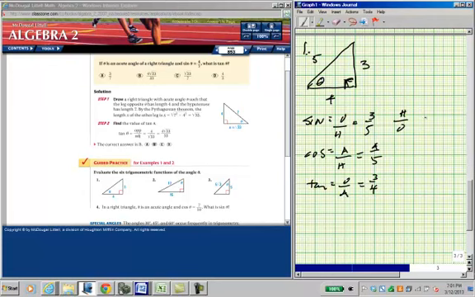Okay, cosecant, hypotenuse over opposite, 5 over 3. And the secant, hypotenuse over adjacent, that'll be 5 over 4. And the cotangent, that's adjacent over opposite, and that'll be 4 over 3.